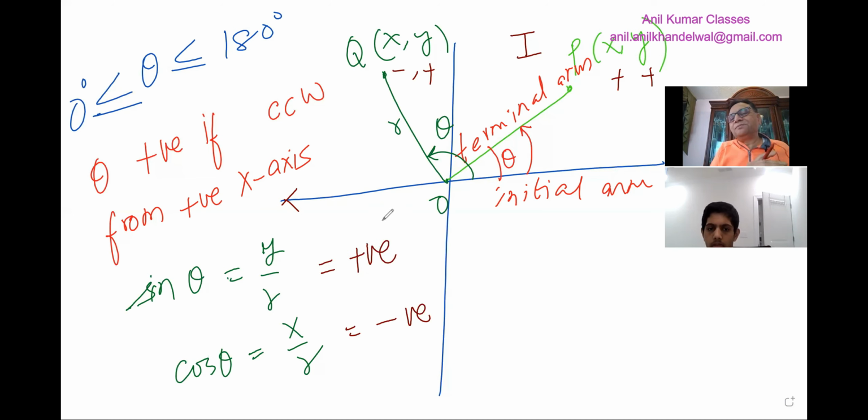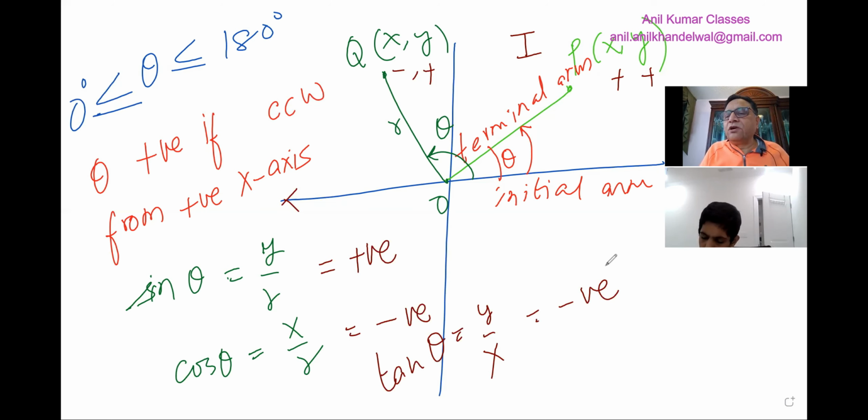And since tan theta is the ratio of sine and cosine, tan theta is y over x, that will also be negative, correct? So now you have understood the logic. You have seen how sine theta and cos theta will change in different quadrants.